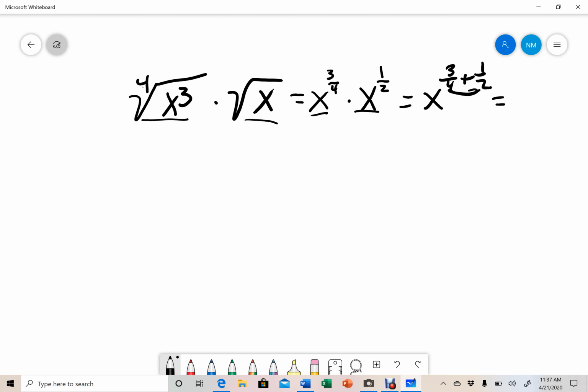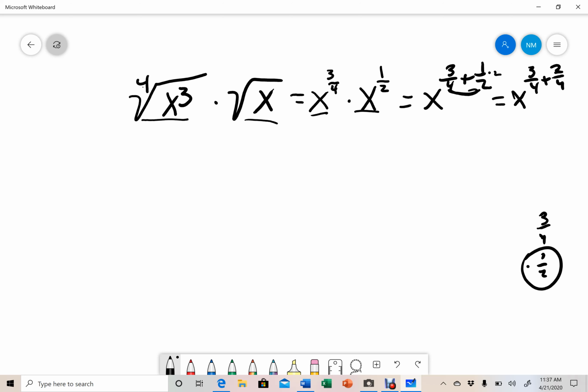What would I multiply it by to get this to be a fourth? I would multiply it by 2, so that I would get 3 over 4 plus 2 over 4. Now I can add these together.